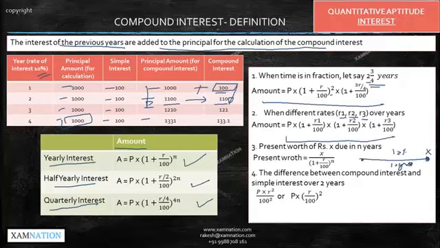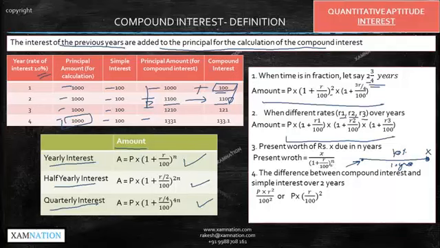So basically, when some finance advisor says that this scheme will give you X amount of money, and the scheme is charged at 10% for 10 years, and he asks us to invest in the scheme, he is expecting us to invest this much present value, that is X upon 1 plus R upon 100 to the power N.